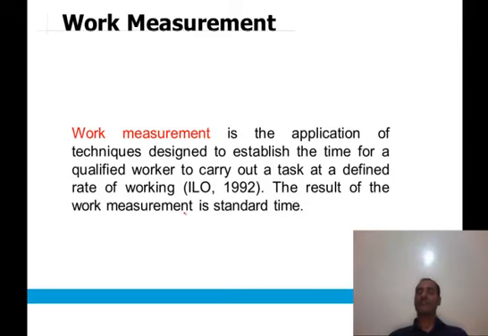The time standards should be determined under some conditions. That means the operator should be qualified and skilled, working should be on a normal basis, and all the conditions should be normal. The result of work measurement is the standard time.